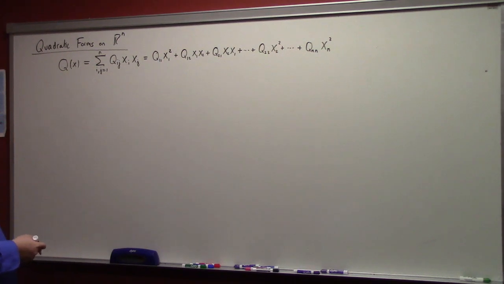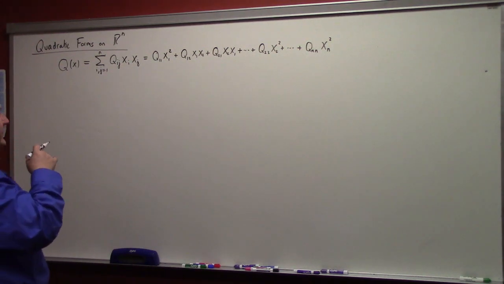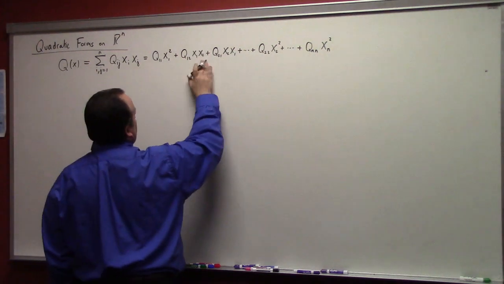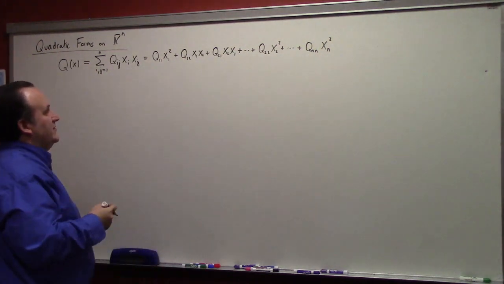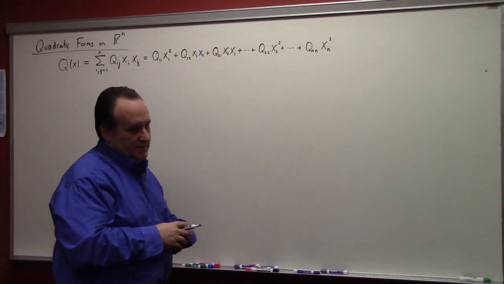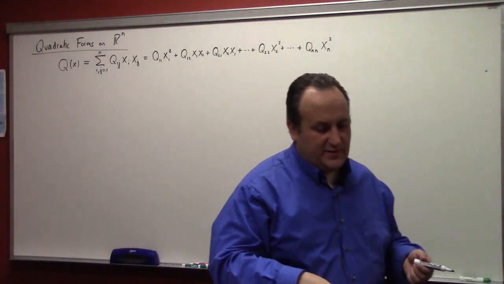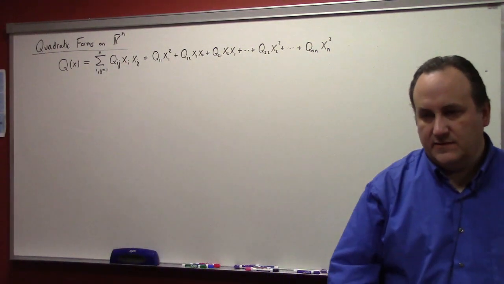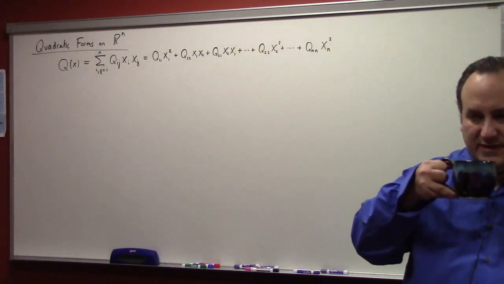My point is that there is a natural way: you can assume without loss of generality here that q12 is equal to q21, to make the formula nice.